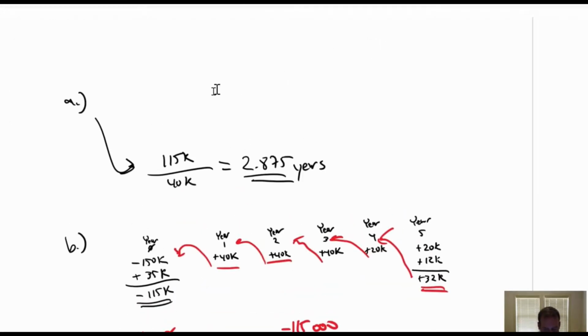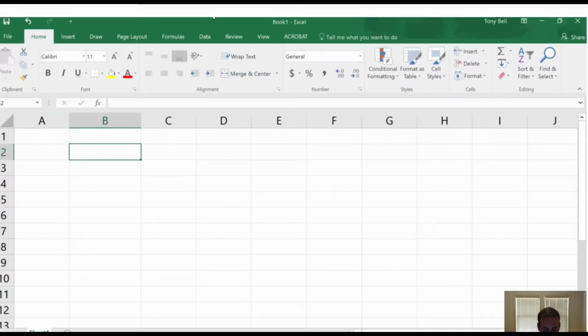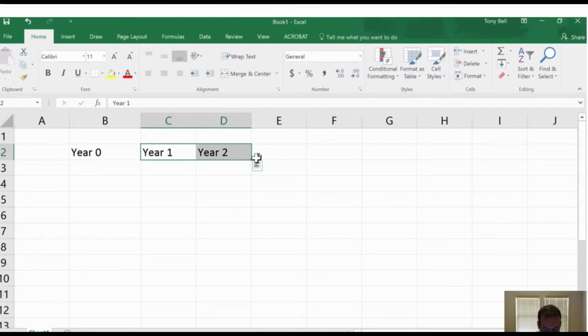So all we have to do, and again, I'm going to encourage you to use Excel or a financial calculator to do this. You could do it by hand, but it would be a big pain. What we need to do is just put those future cash flows out on a table. So we've got year 0, year 1, year 2, year 3, year 4, and year 5.